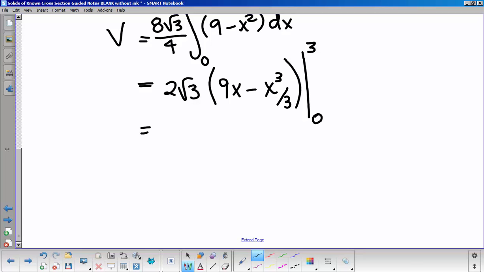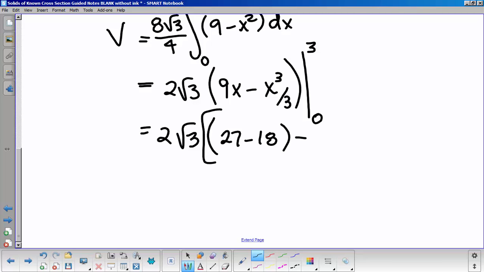All right, so let's plug 3 in. That's going to be 27 minus 9, which is 18. And then what happens when I plug in a 0? It's 0. Griffin said it's 27 minus 9.